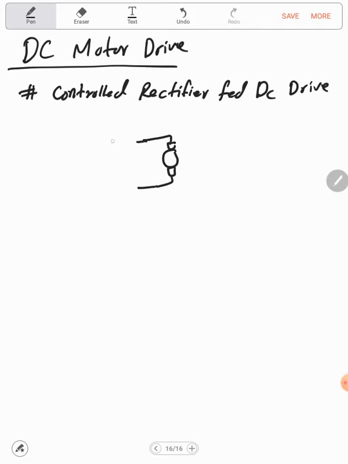Now we need to control the armature voltage of the machine. So we'll use a controlled rectifier, and it can be single phase or three phase. Let's assume that we are using a three phase controlled rectifier, in which we are using a thyristor as switch.